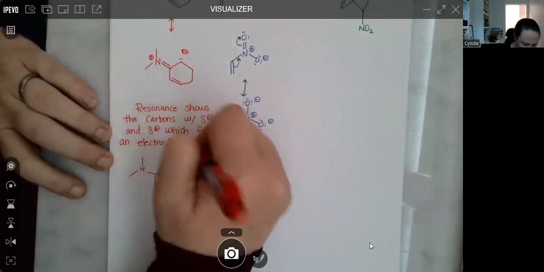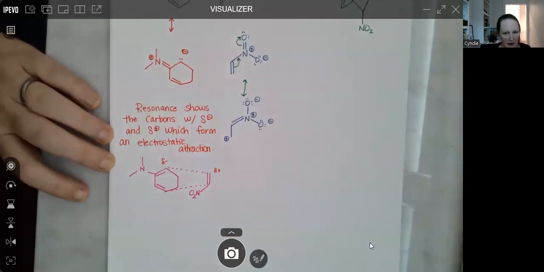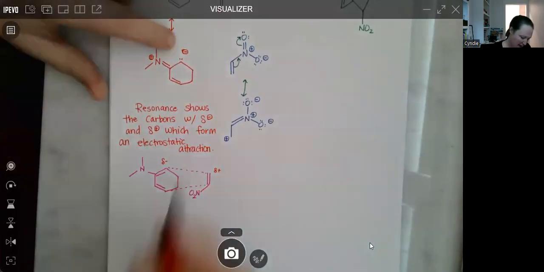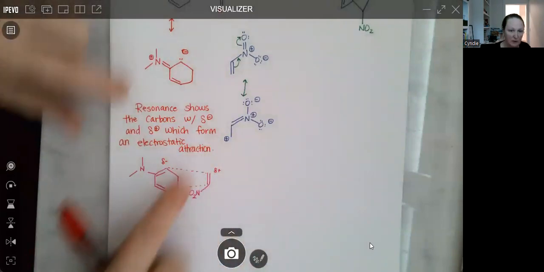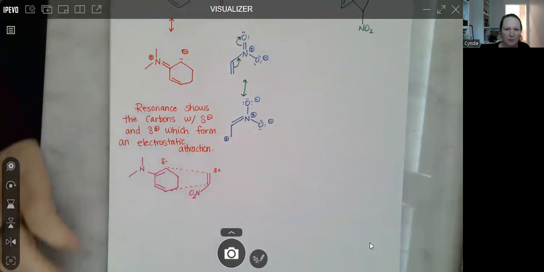Basically, opposite charges are attracted to one another, right? So we have those two being shown aligned here. Okay, and then what about the endo rule, right?